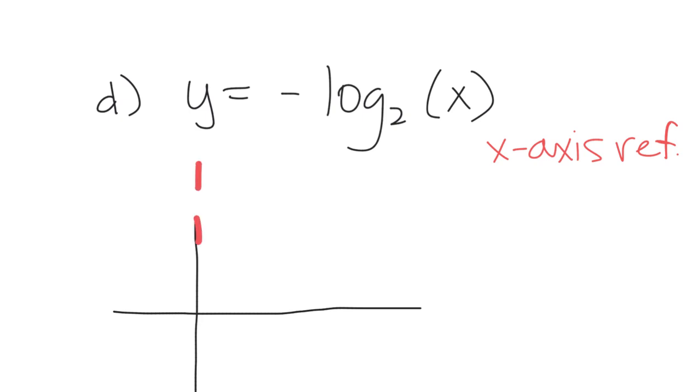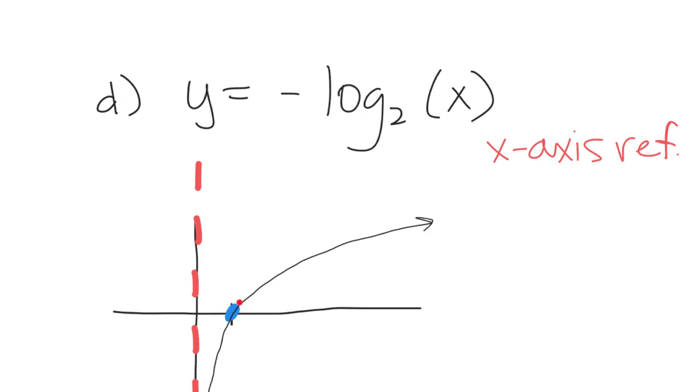Okay, so here we still have your x equals 0 vertical asymptote. We still have your intercept at 0, 1, right? Nothing changes with that point, because the negative of 0 is still 0. But our original graph, log base 2 of x, looks like this.